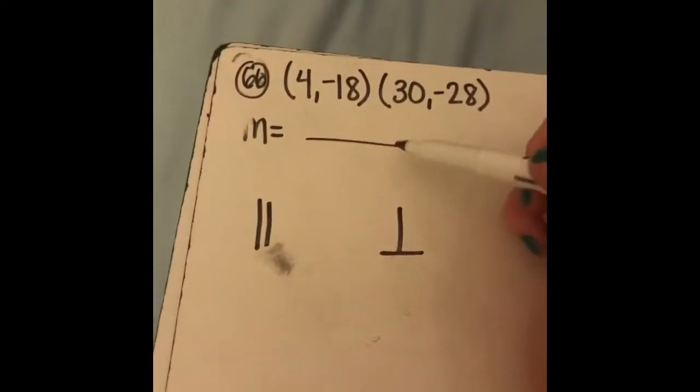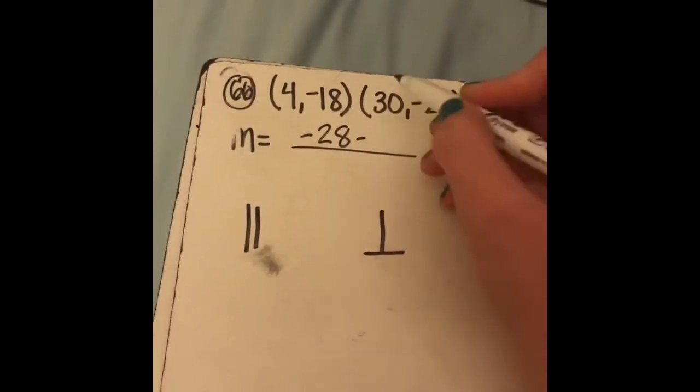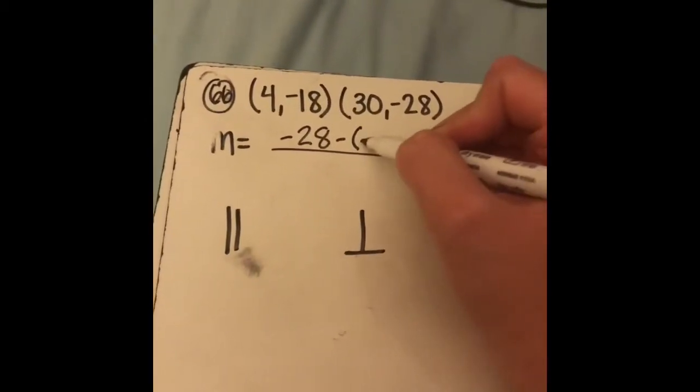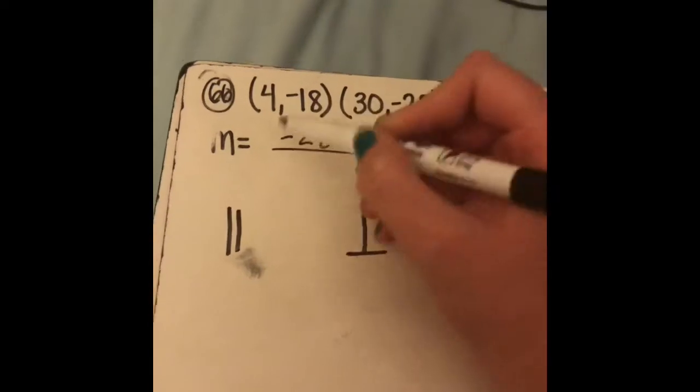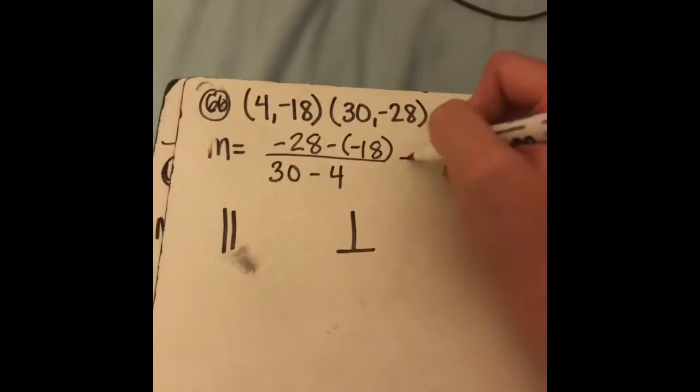Okay. The last ones, this is 66. All right, so it is negative 28 minus negative 18, and then 30 minus 4.